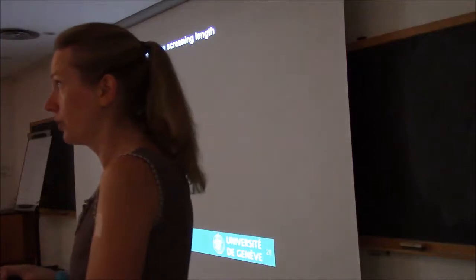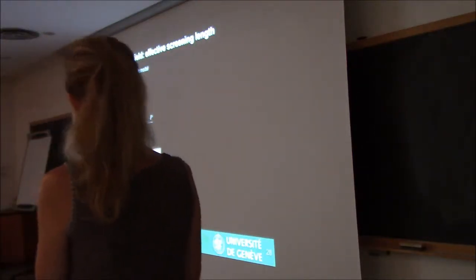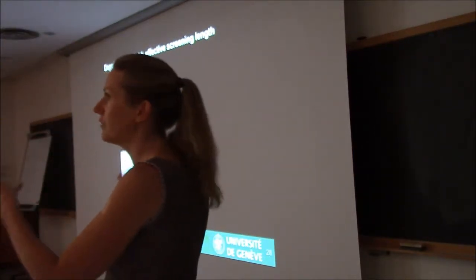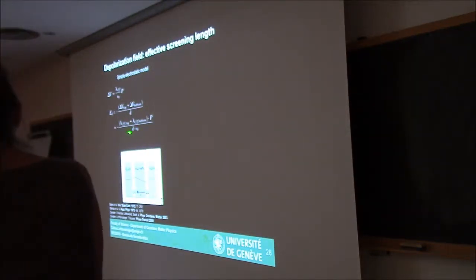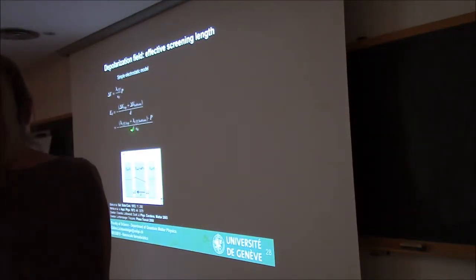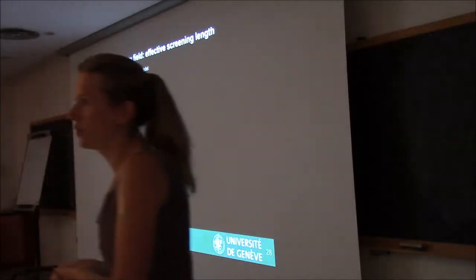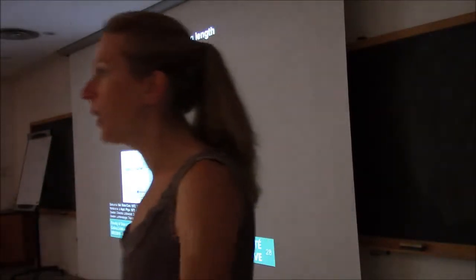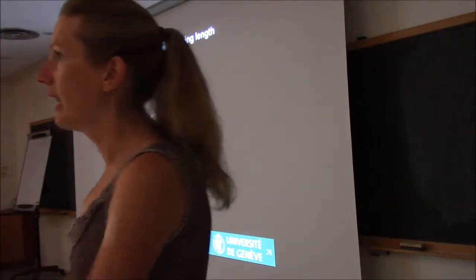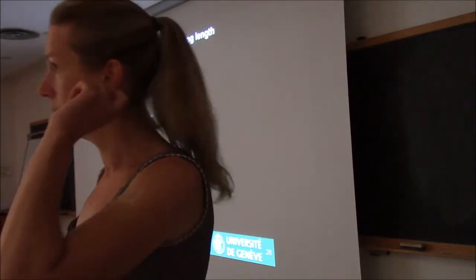So this is good. Now, what you see also is that if you have a fixed effective screening length that depends on your electrode, and you reduce the thickness of your film, so the d, the smaller and smaller the thickness of your film, the larger and larger the depolarization field. And so this is also how you can see that if you are working with bulk crystals, you can put any kind of electrode or surface adsorbates and so on.